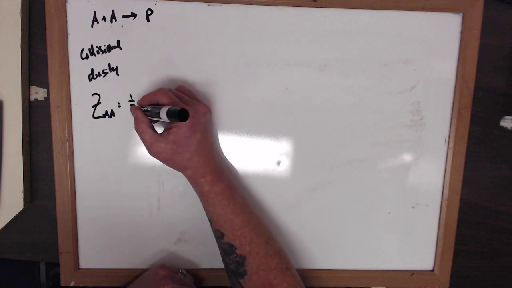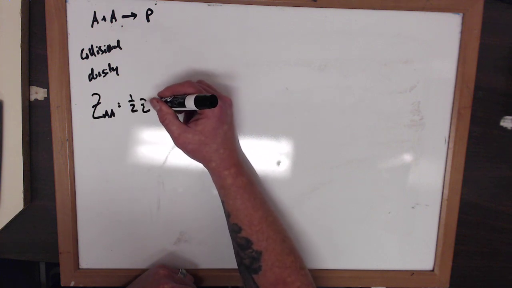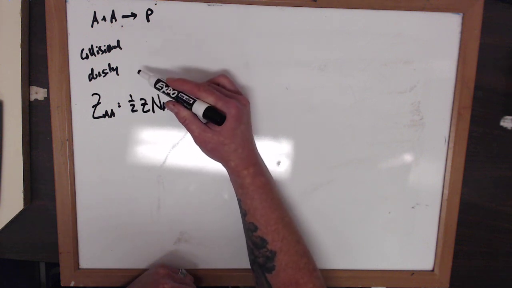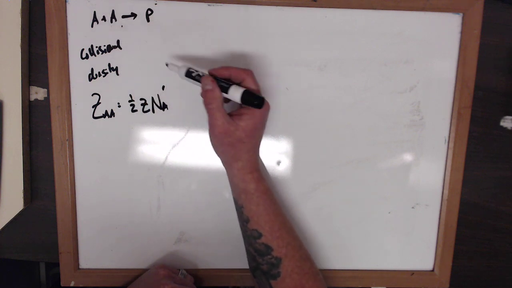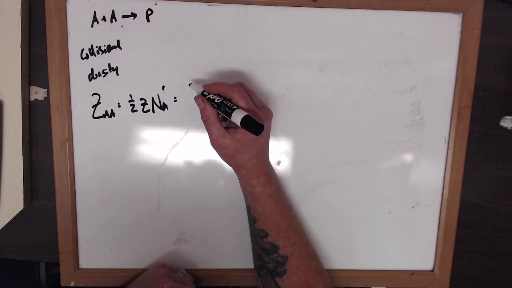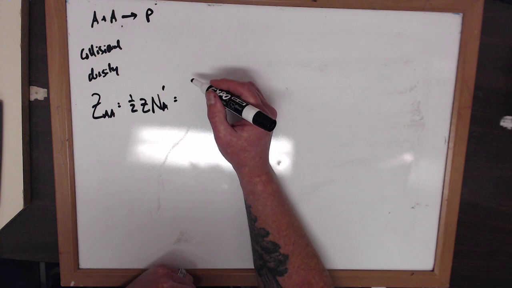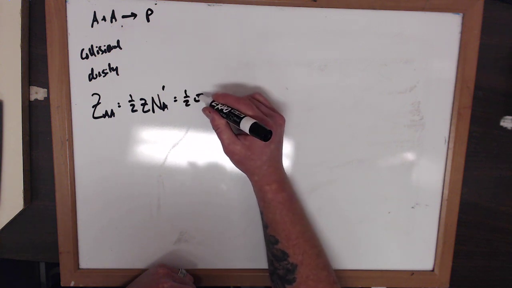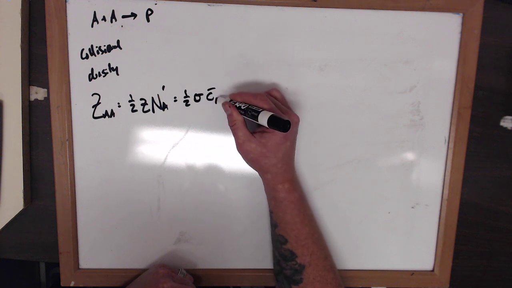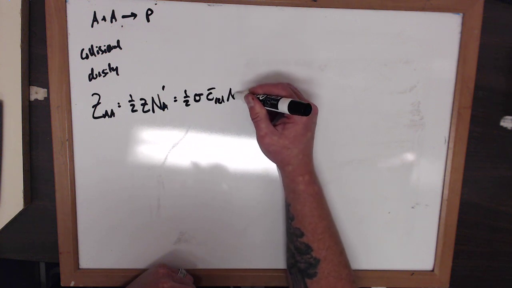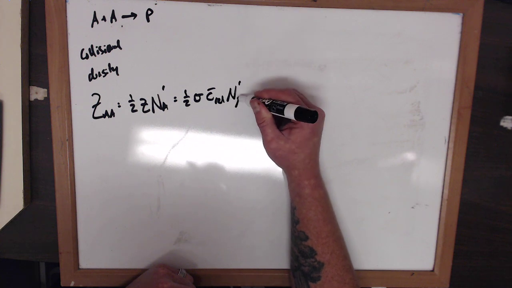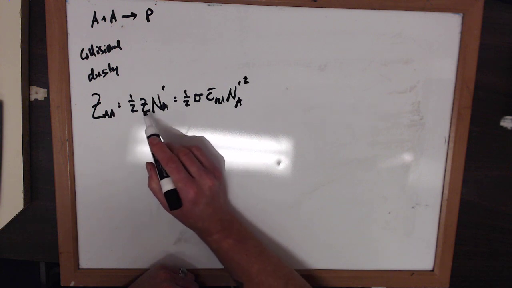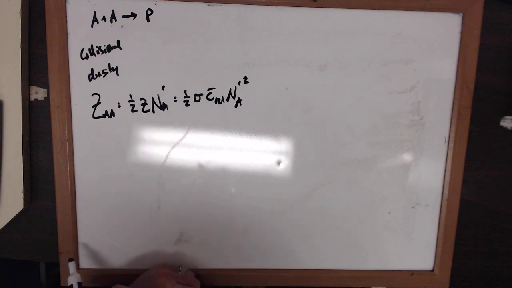And that's going to equal 1/2 times little z, that's the collisional frequency, times the number density. It's 1/2 so that you don't double count because it's A and A. And that, if I plug in the expression that we got for little z, that's 1/2 times sigma, collisional cross-section, times the relative velocity between the two pair, times the number density squared. Okay? Because remember, within z there was also number density.